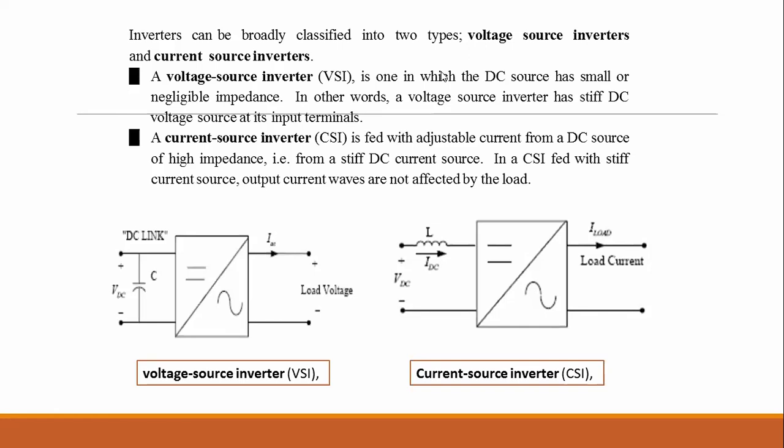So that is the difference between the VSI and the CSI: in the VSI the impedance is negligible, whereas in the CSI the impedance is high.